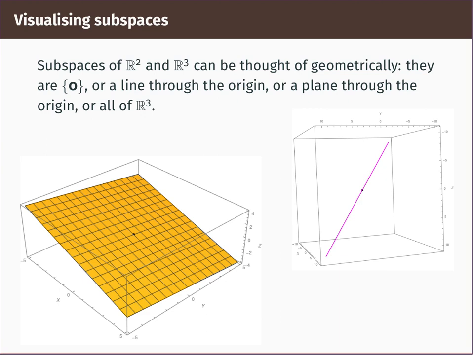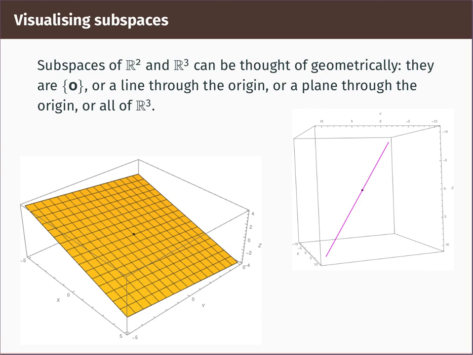And R cubed, we can think of as three-dimensional space, because a vector of height 3 with real number entries specifies uniquely a point in three-dimensional space once you've chosen a zero vector, an origin. So we should be able to think of subspaces of R squared and R cubed geometrically, since we have this geometric interpretation of R squared as the plane and R cubed as three-dimensional space.